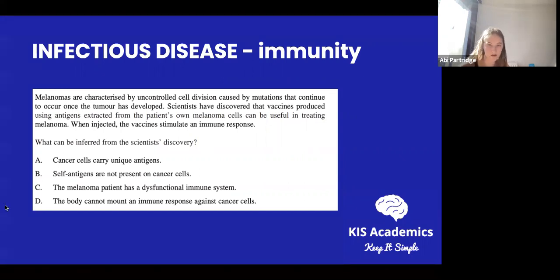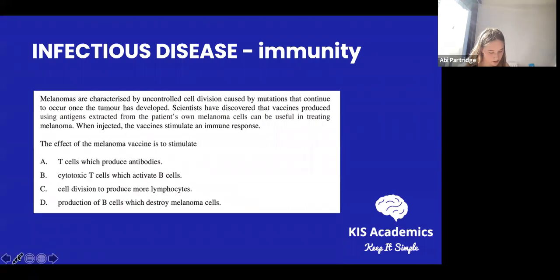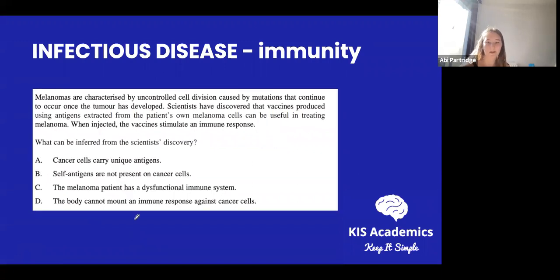Okay, with this one, it's asking what can be inferred from the scientist's discovery? We'll just read through it. The melanomas are characterized by uncontrolled cell division caused by mutations that continue to occur once the tumor has developed. The vaccines that produced antigens extracted from the patient's own melanoma cells were useful in treating the melanoma.